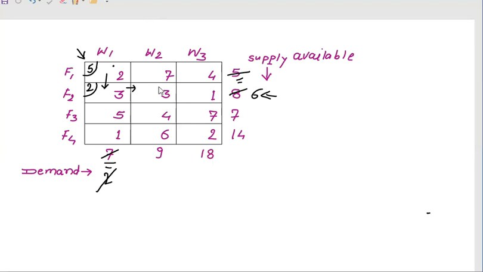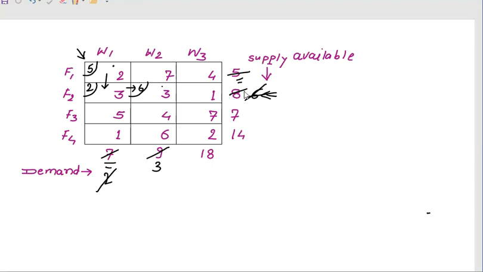So we have to allocate maximum possible quantity in this cell. So available quantity is 6, requirement is 9. Out of 9, we can allocate 6 units from this factory. All 6 units are allocated, so no supply left now. Out of 9, 6 are allocated, so still there is a requirement of 3 units.